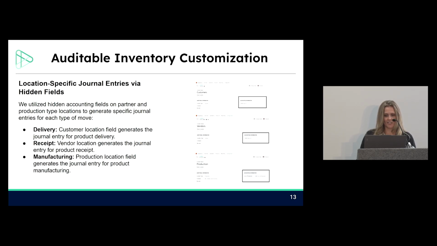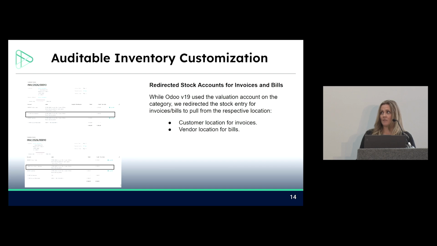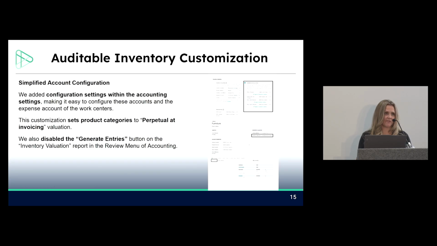The other thing that we had to do is on the invoices and bills, we were still recording the inventory move or the stock valuation move on the invoice and the bill directly. So we had to redirect it to use the associated locations so we could clear the interim accounts. And then in order to simplify it, we put this all into the settings.